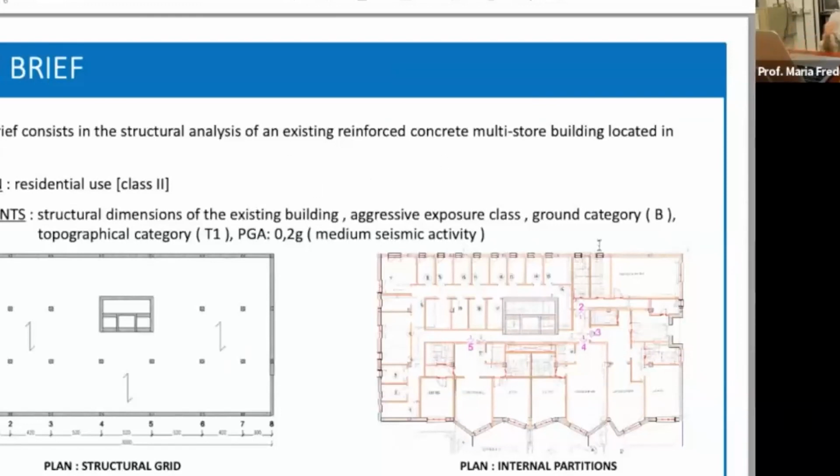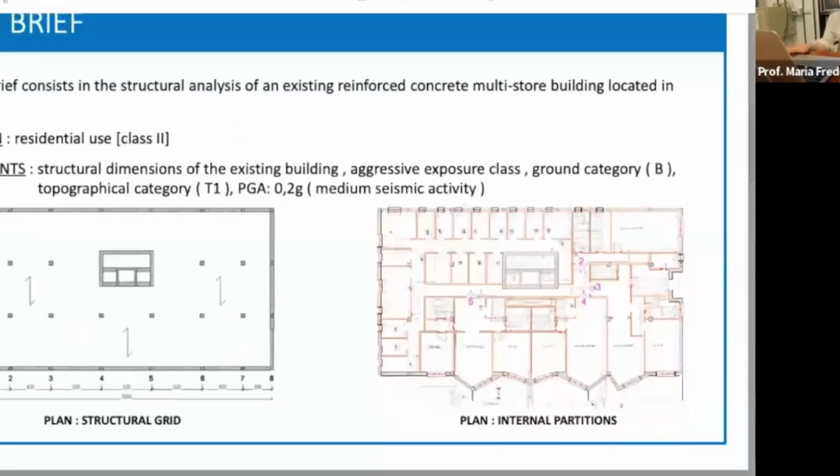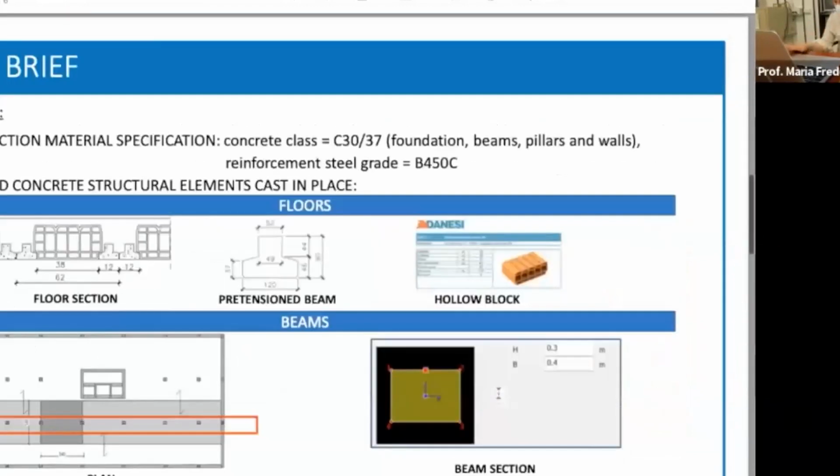At the bottom of this slide, we have two plans. On the left, there is the structural grid, and on the right, there is the internal partitions. After this, the building features are the construction material specification and the reinforced concrete structural elements cast in place.